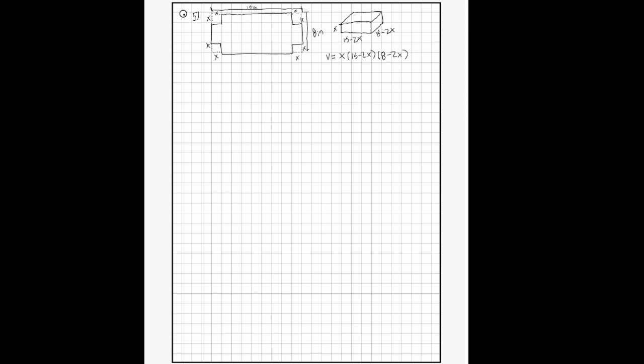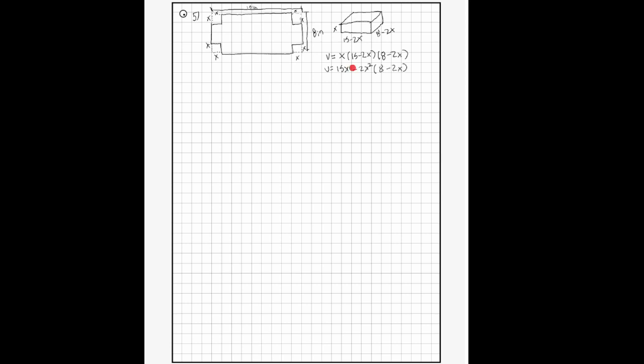So I can calculate the derivative easily, because this would be a little complicated to take the derivative of as it is. So when I expand, I multiply x into this. We've got 15x minus 2x squared times 8 minus 2x.